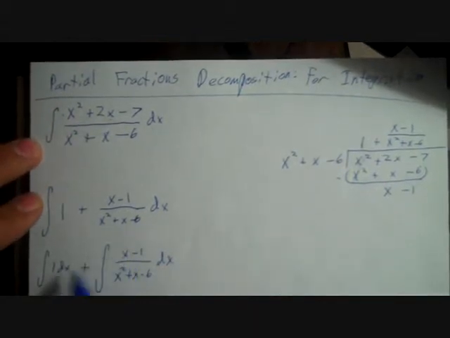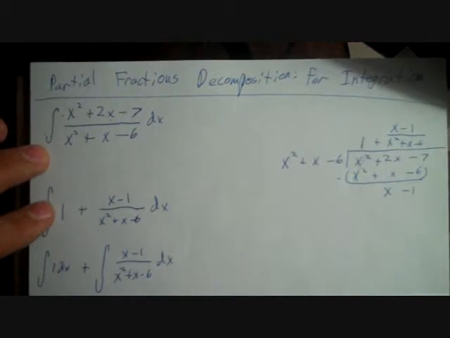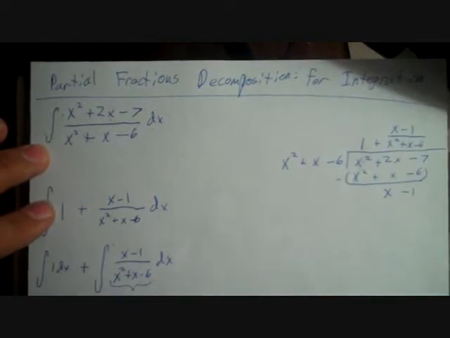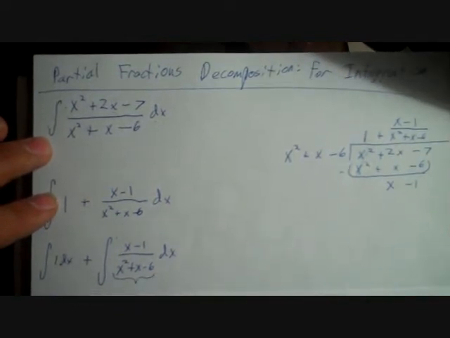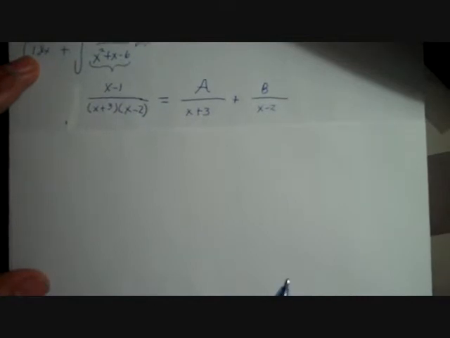The integral of 1 dx is just x. That's the easy part. Right now we're not going to worry about the whole integration. We're just going to focus on manipulating our integrand until we can get it to look like something we can work with. So let's start just here with our integrand.